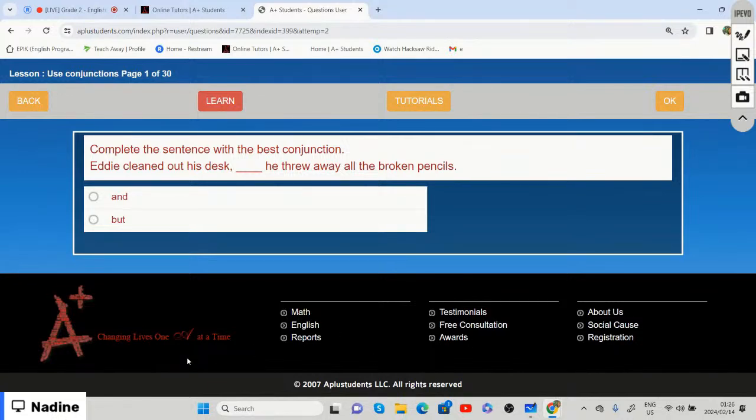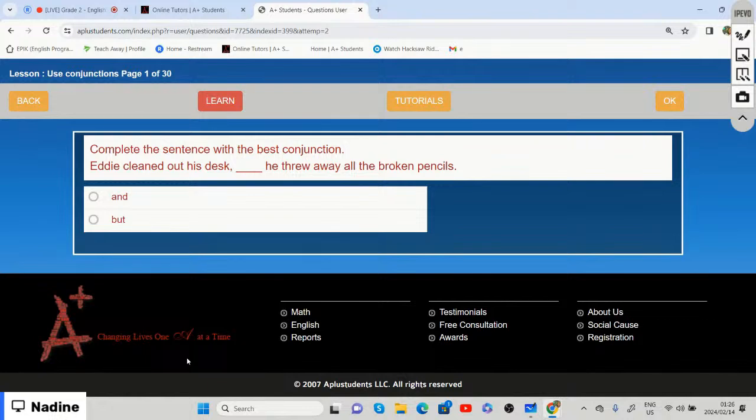So we need to complete the sentence with the best conjunction.